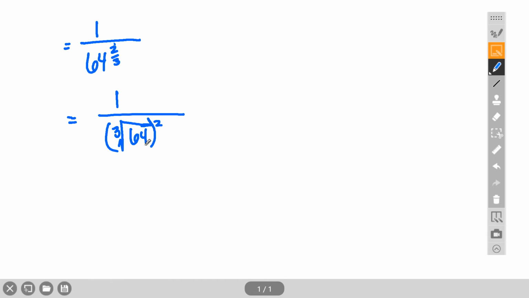That's going to make it easier because we can now evaluate the cube root of 64 and then square it afterwards. Hopefully at this point, we know we're trying to break this into a number that multiplies together 3 times. So 64 breaks up into 2 times 32.